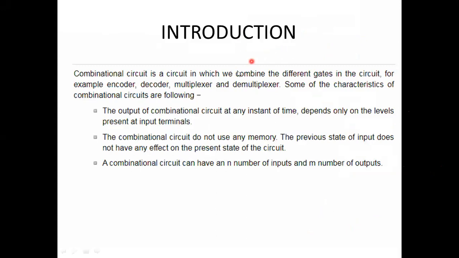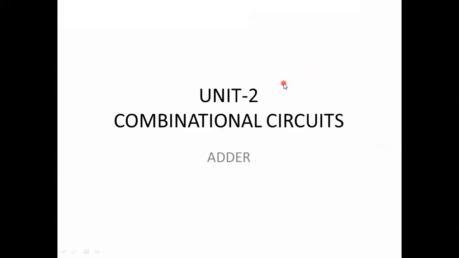See the introduction. Here the combinational circuit is a circuit in which we combine the different gates. That means these combinational circuits are designed by using the gates. Do you remember the gates? Logic gates: basic gates are AND gate, OR gate, NOT gate. Universal gates are NAND gate, NOR gate.